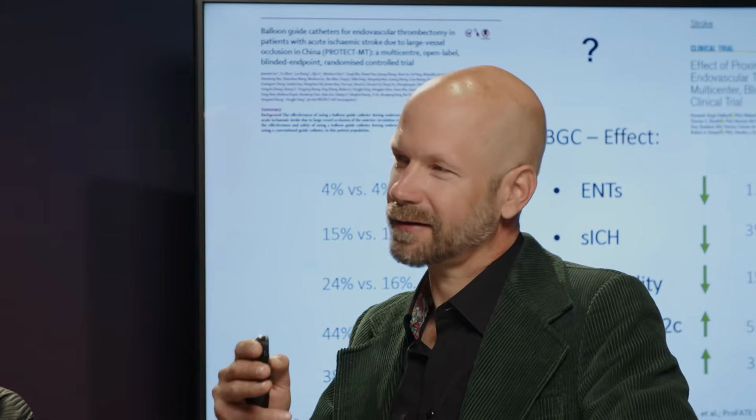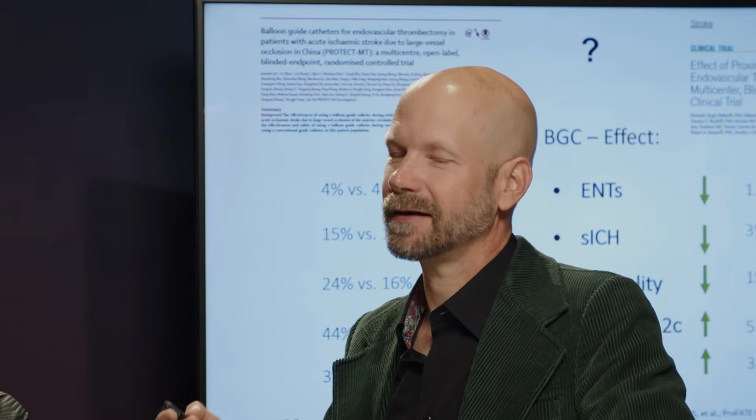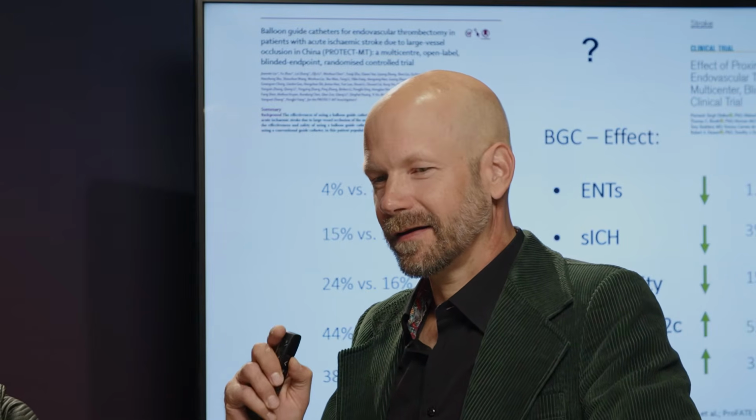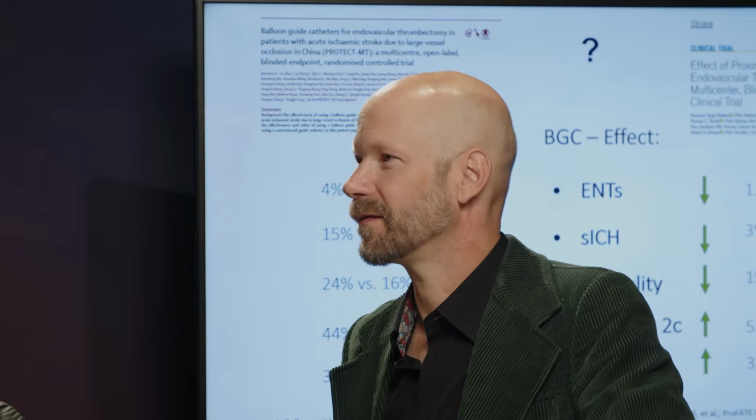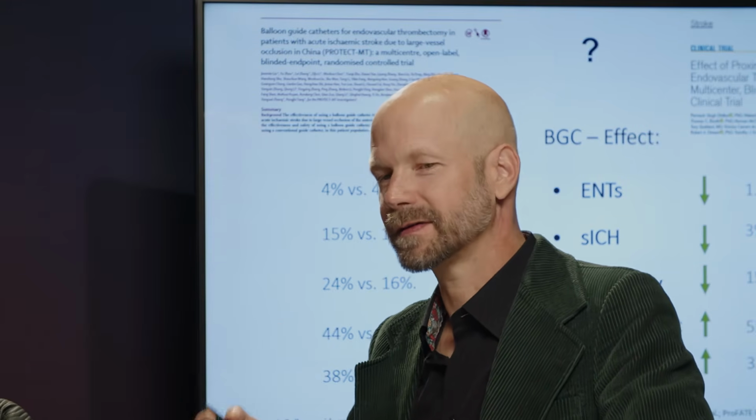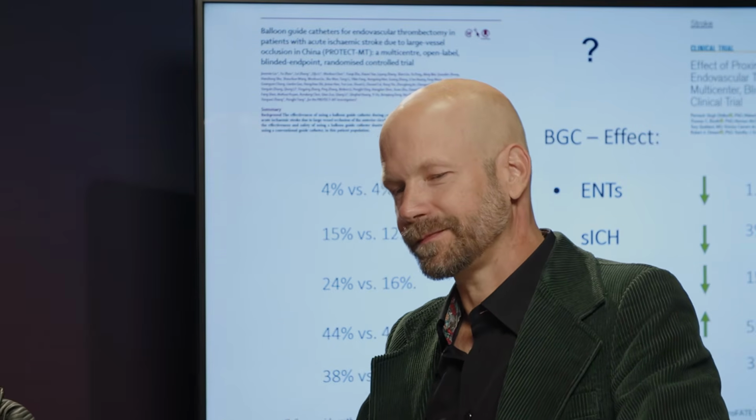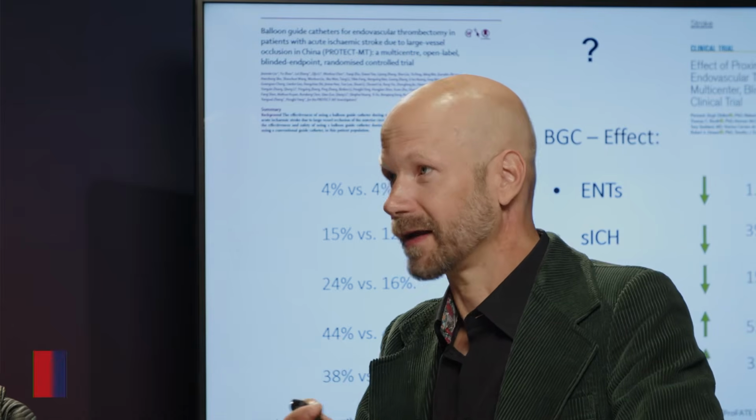Exactly. And what I think is one of the main points why we can explain these different results is an aspect that we will discuss later. It's the influence of the tip position of the balloon guiding catheter, which was in the guidelines of the PROTECT-MT trial.